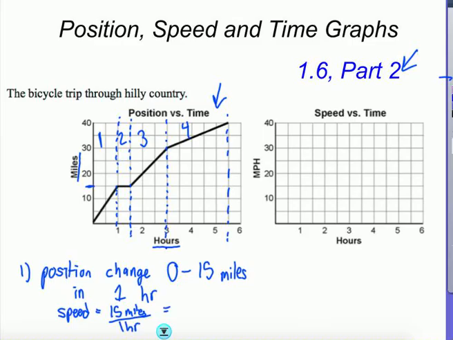So he has a constant speed throughout that time of 15 miles per hour, because the slope is constant. It's not a curved line, it's not curving down. It's not doing anything weird. We know that the speed is constant. So in this section, he is moving at 15 miles per hour.